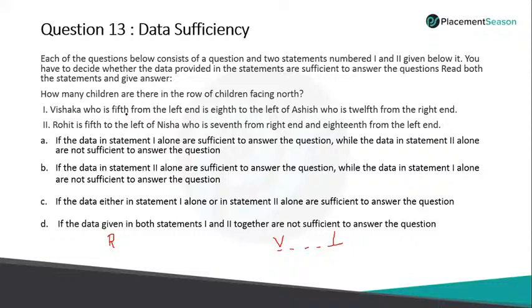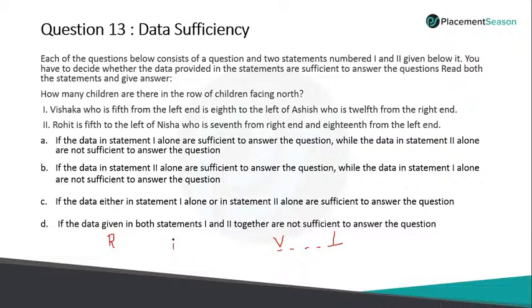Vishaka, who's fifth from the left end, is eighth to the left of Ashish. Ashish will be here, and Vishaka is eighth to the left. Ashish is 12th from the right end.